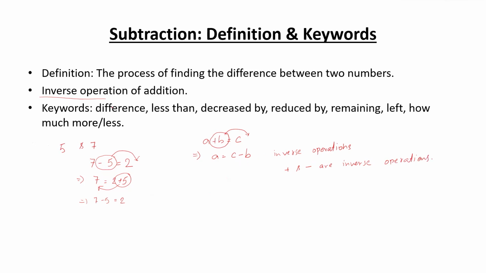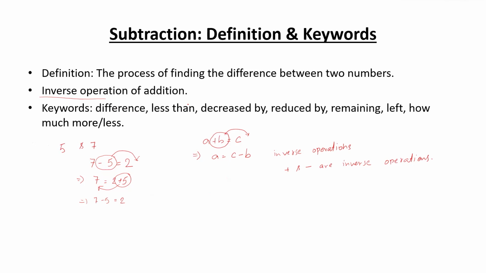Okay. Keywords for subtraction. Remember, keywords for addition were added to, combine, sum, total, and so on. For subtraction, keywords are difference, less than, decreased by. That one was increased by. If you want to increase a number by something, you have to add. If you want to decrease a number by 1 or 2, you have to subtract.